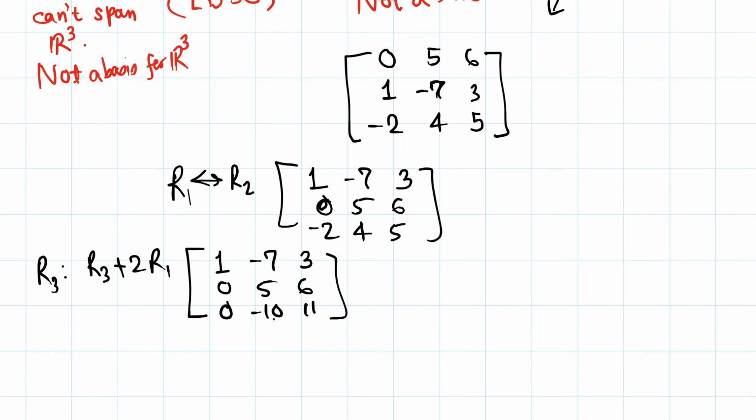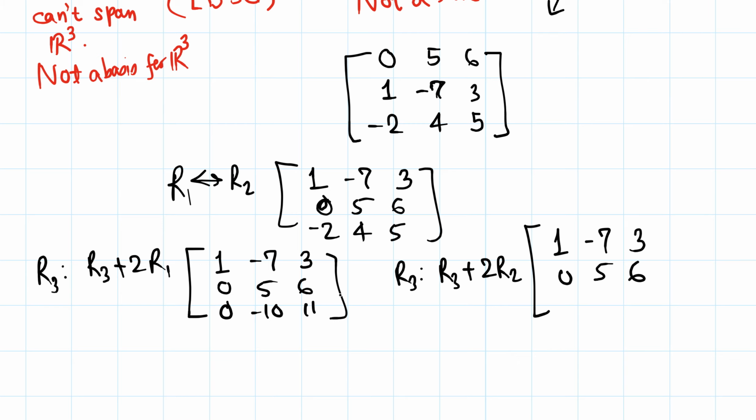Now we need to make this -10 a 0 using 5 times 2. R3 plus 2R2: 1, -7, 3; 0, 5, 6; 0, 0, 23. Now we got pivot, pivot, pivot.